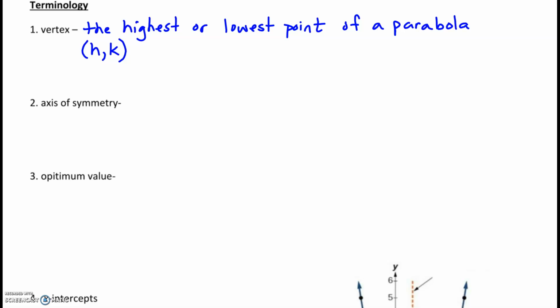Okay, the next terminology we need to be familiar with is axis of symmetry. So axis of symmetry is a vertical line through the vertex of the parabola.